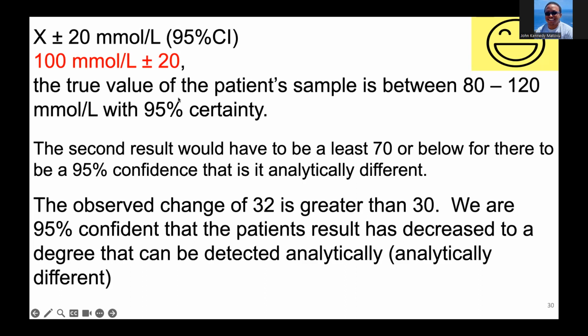You have to consider your MU, okay? Because if the repeat or the second result is within your MU range, then you cannot attribute that safely to the effect of the drug. But we are not saying here that the drug has no effect at all. But in terms of the therapeutic effect, you cannot conclude that it's because of the drug. Why? Because it's within your MU range. All right? Petros, is that helpful?